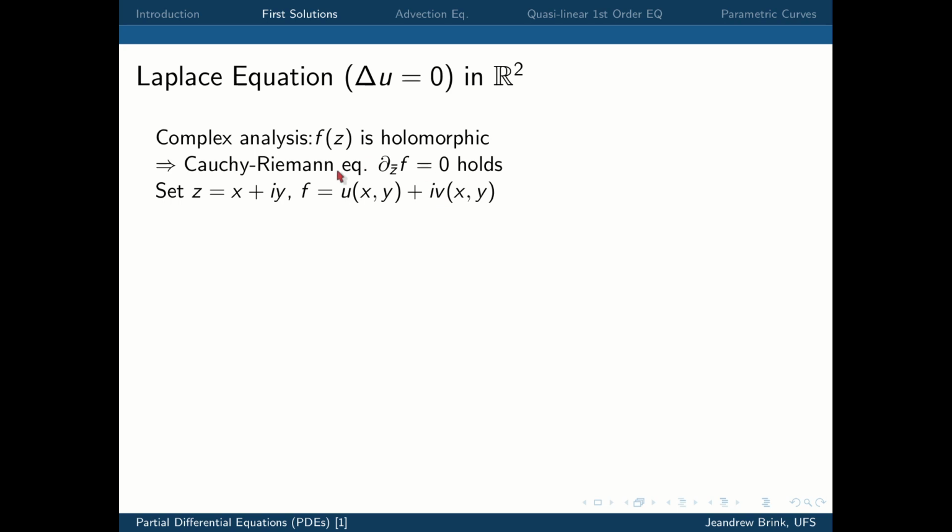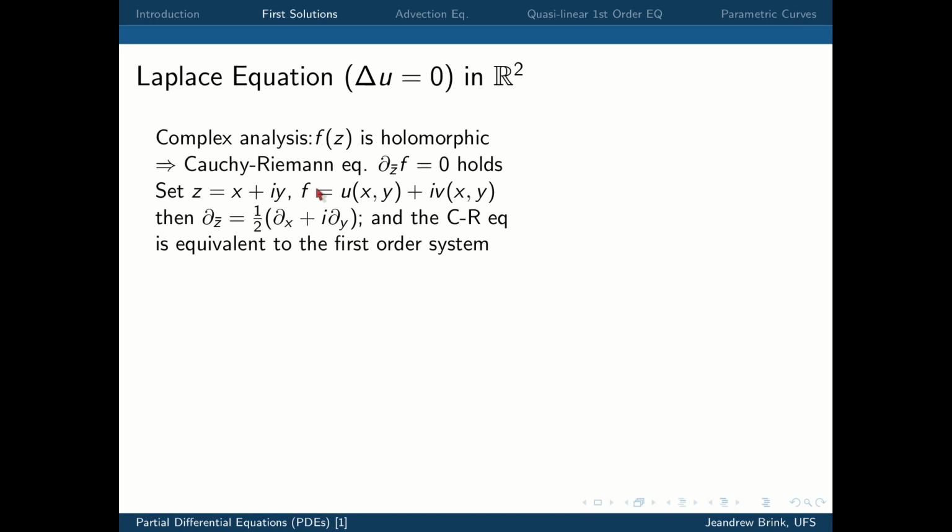The Cauchy-Riemann condition, if you actually write out the derivative with respect to z bar, remember that's a half of dx plus i dy, and you apply it to f, then what you get is the Cauchy-Riemann equations, a first order system equivalent to that statement.